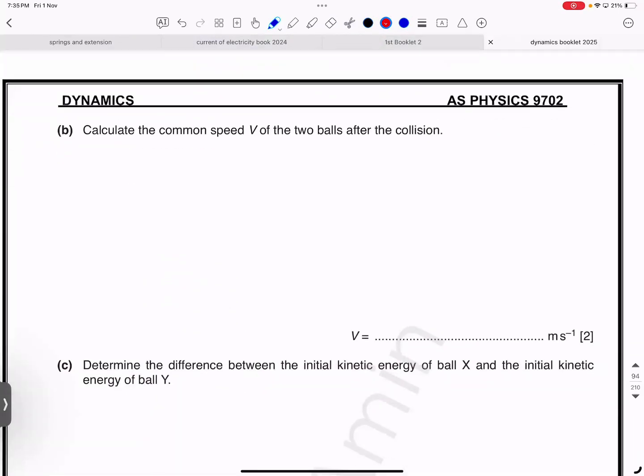Calculate the common velocity V. Now, common velocity V is actually the Y component. So now I will take Y components. Y components also the same thing. Total momentum before collision equals total momentum after collision in Y direction.